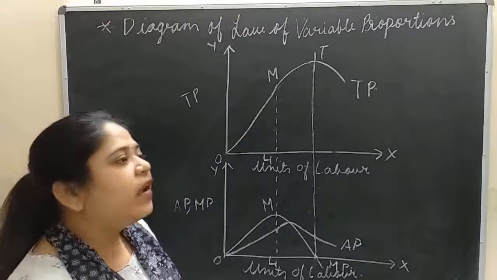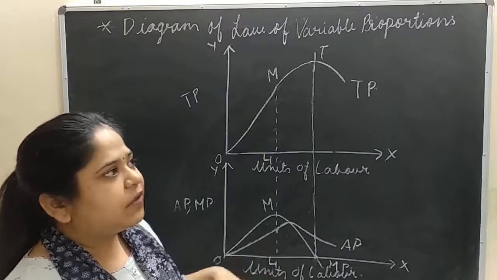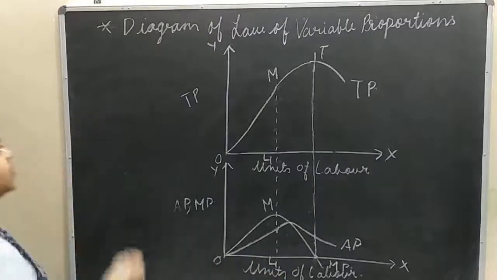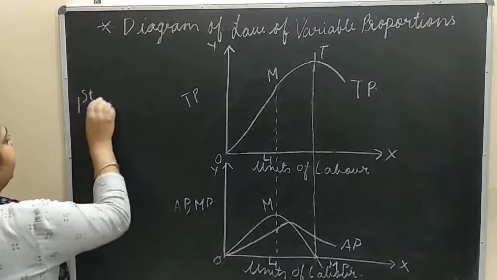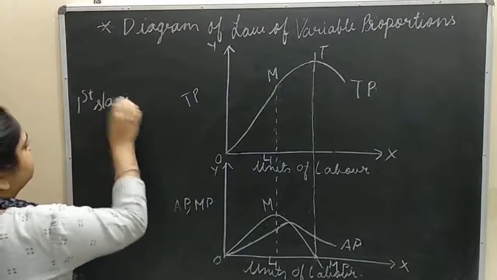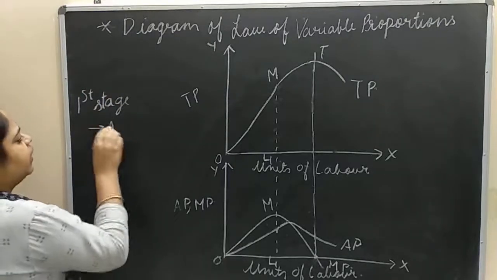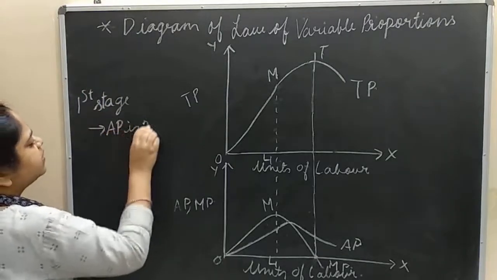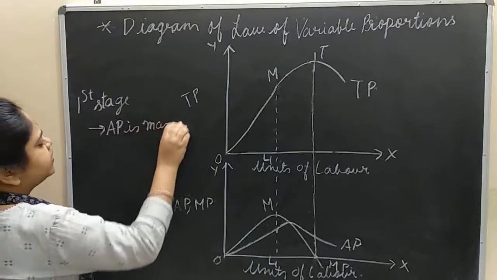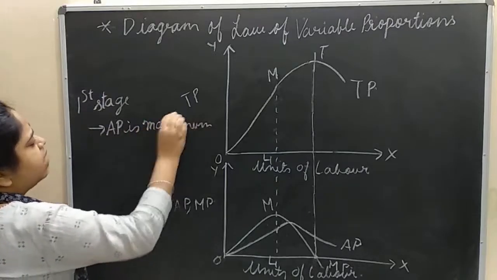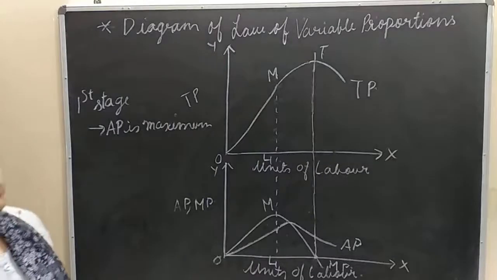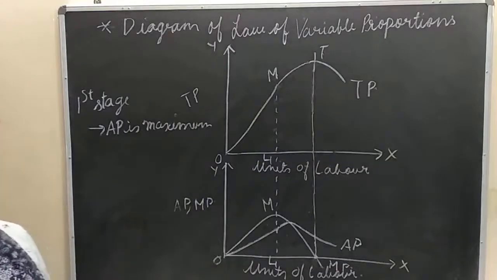The indicator of the first stage ending is that AP is maximum. Again, the stage of increasing returns ends where AP is maximum.